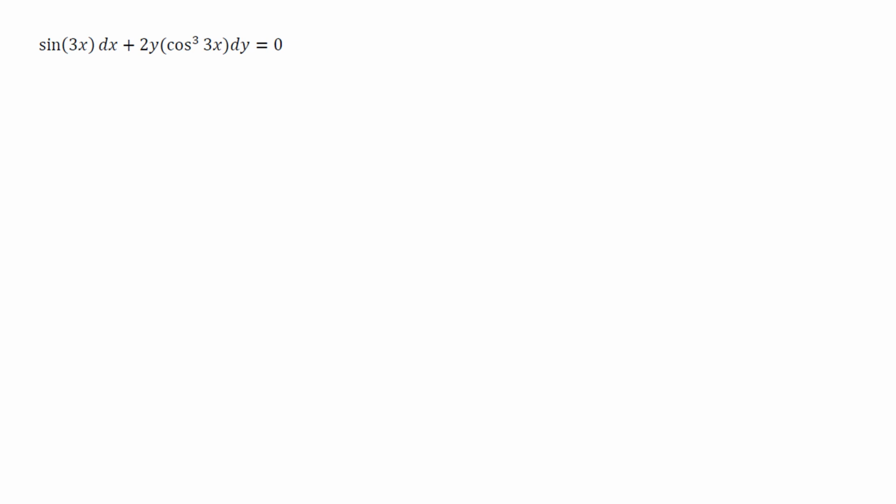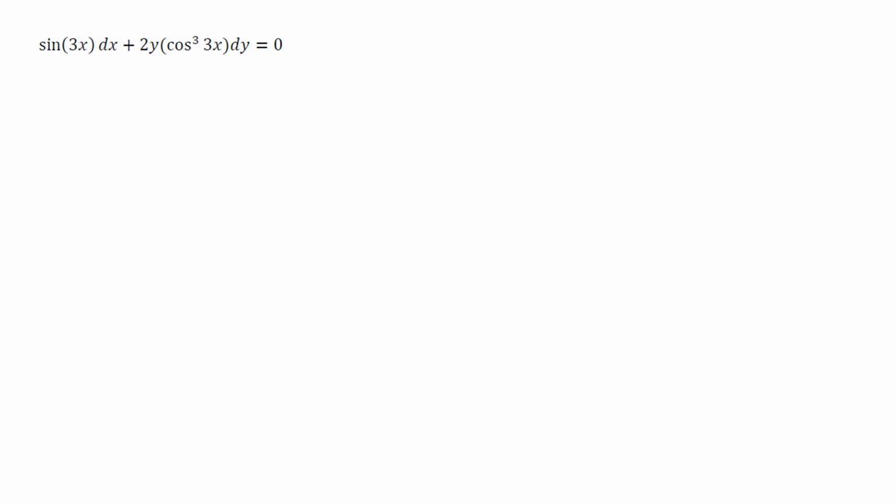Okay, our fourth problem is going to be this lovely trig DE problem. The sine 3x dx plus 2y cosine cubed 3x dy equals 0. All right, first thing we need to do is write the equation in separable form.